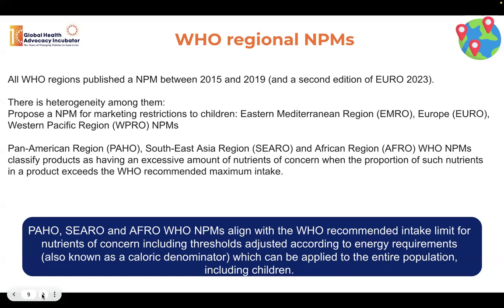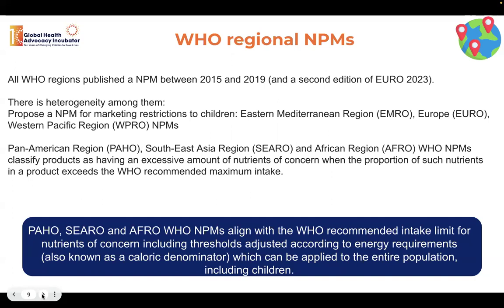In the last years, all World Health Organization regions published their own nutrient profile model, but they are very heterogeneous. For instance, the nutrient profile models published by the Eastern Mediterranean region, the Europe region, or the Western Pacific region only focus on restricting marketing to children, so they are not applicable to other food policies.